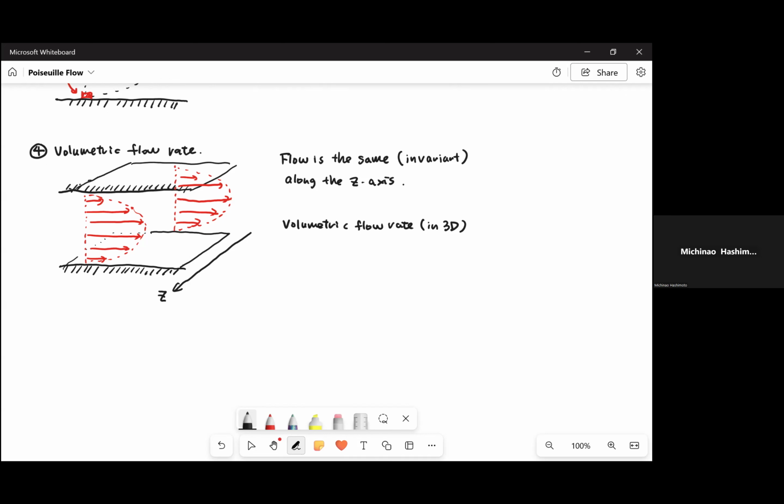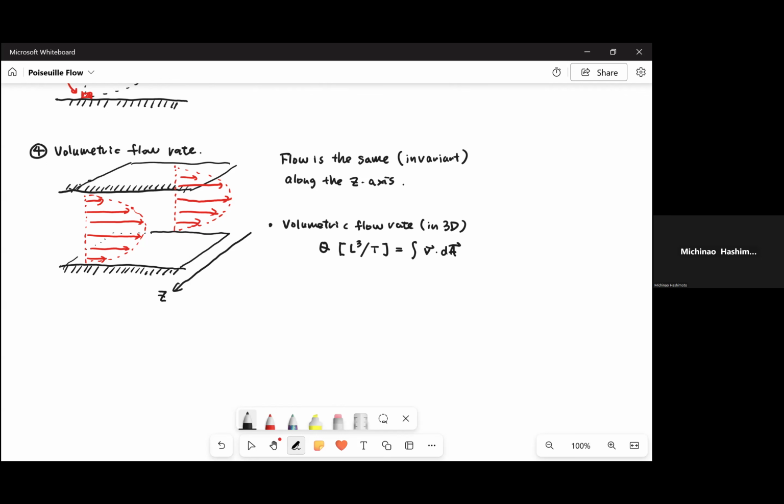We use a capital Q, and this is L cubed divided by T. In fact, this is going to be a surface integral of V dot dA. This is the volumetric flow rate that we discussed previously, right?